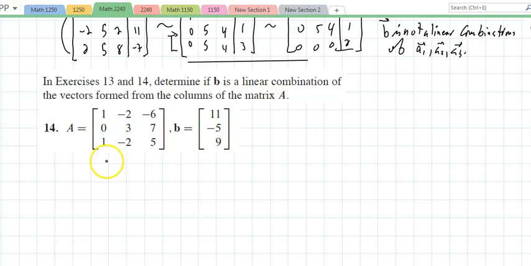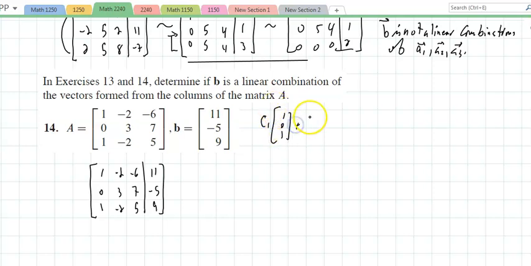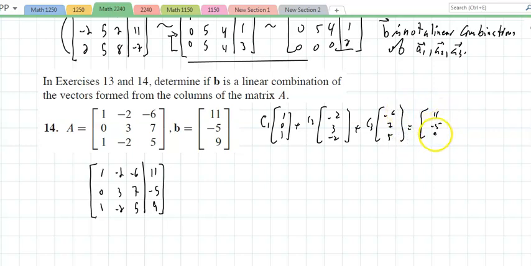If I take this matrix A, doesn't that mean I could write matrix A as 1, 0, 1, negative 2, 3, negative 2, and negative 6, 7, 5, and B as 11, negative 5, 9. What does that mean? That means I took C1 times 1, 0, 1 plus C2 times negative 2, 3, negative 2 plus C sub 3 times negative 6, 7, and 5, and I set it equal to 11, negative 5, and 9, and see if I get a solution.